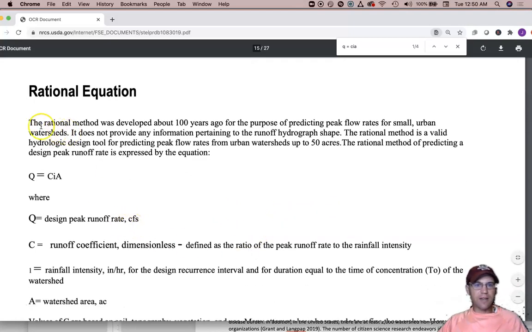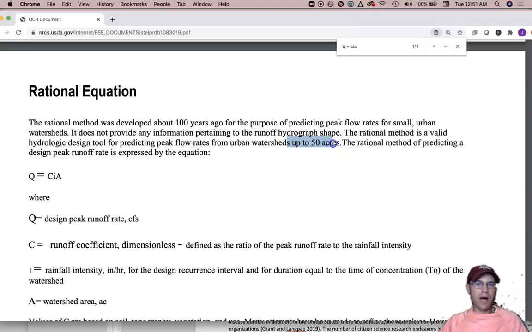With that said, they say the rational equation was developed about 100 years ago for predicting peak flow rates for small urban watersheds. It's not really good for things that are bigger than 50 acres. So 50 acres is not a whole lot of area. You're talking about like a Walmart parking lot or a Walmart area.